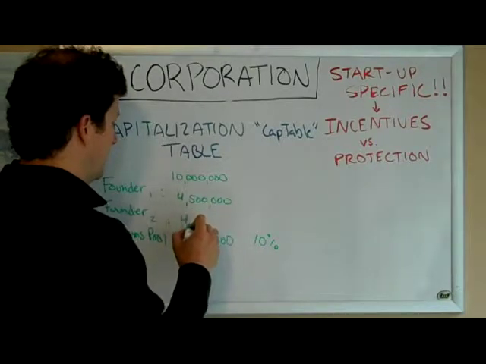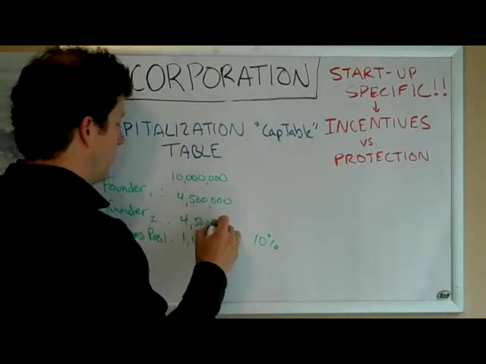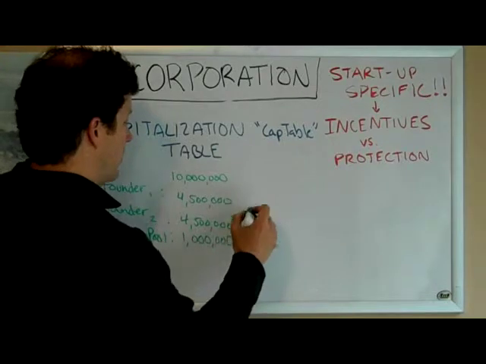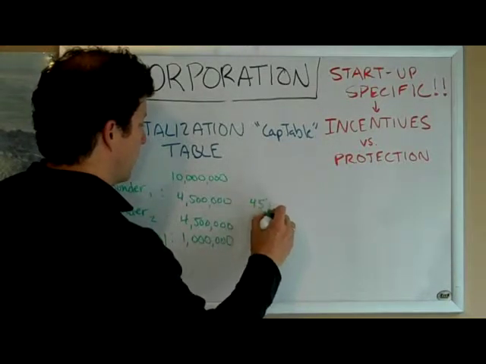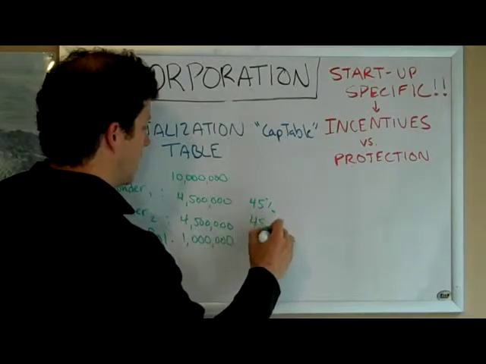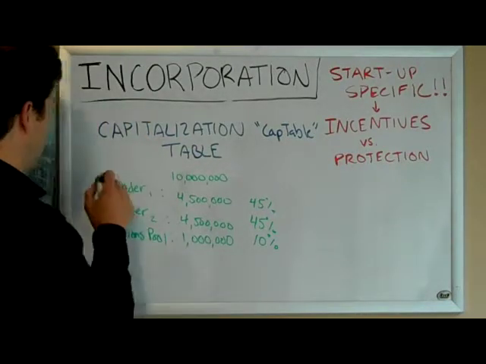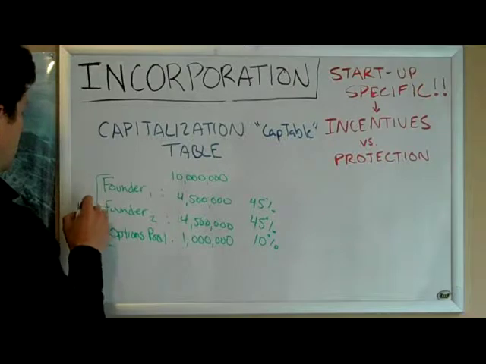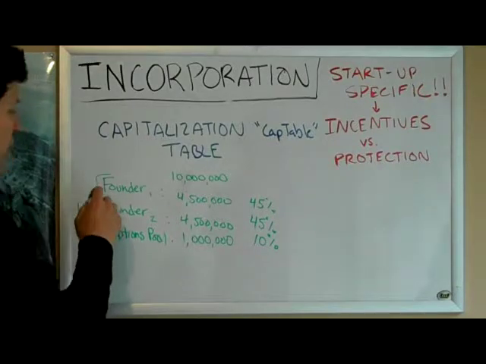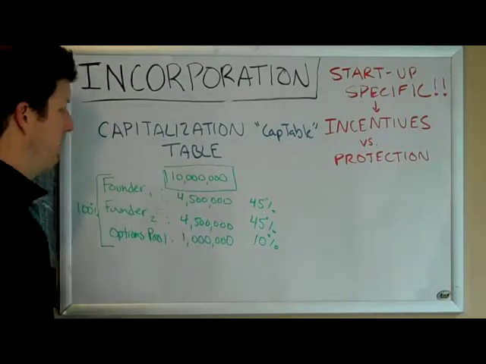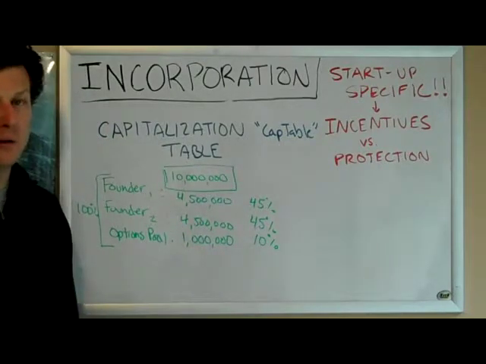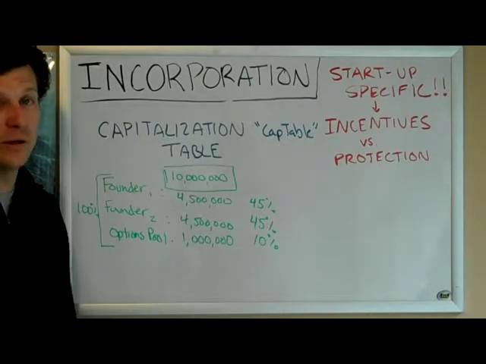They've evenly split the rest of the company. So the founders each own 45% of the company. Okay? This is after incorporation. This is 100% of the company. After incorporation, that's how your 10 million shares is split up. Pretty much that's all the cap table would show at this point in time.